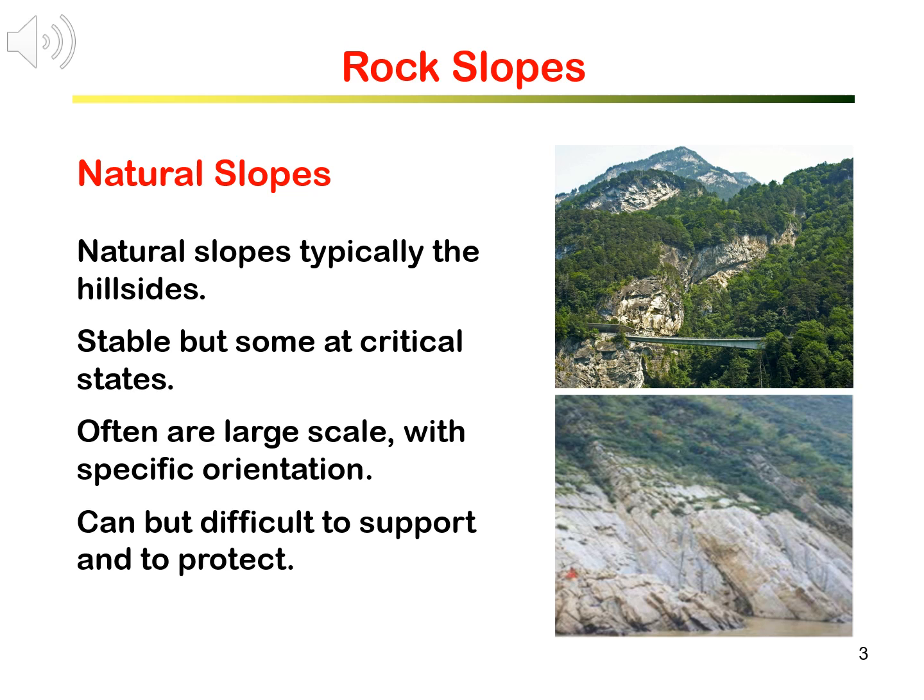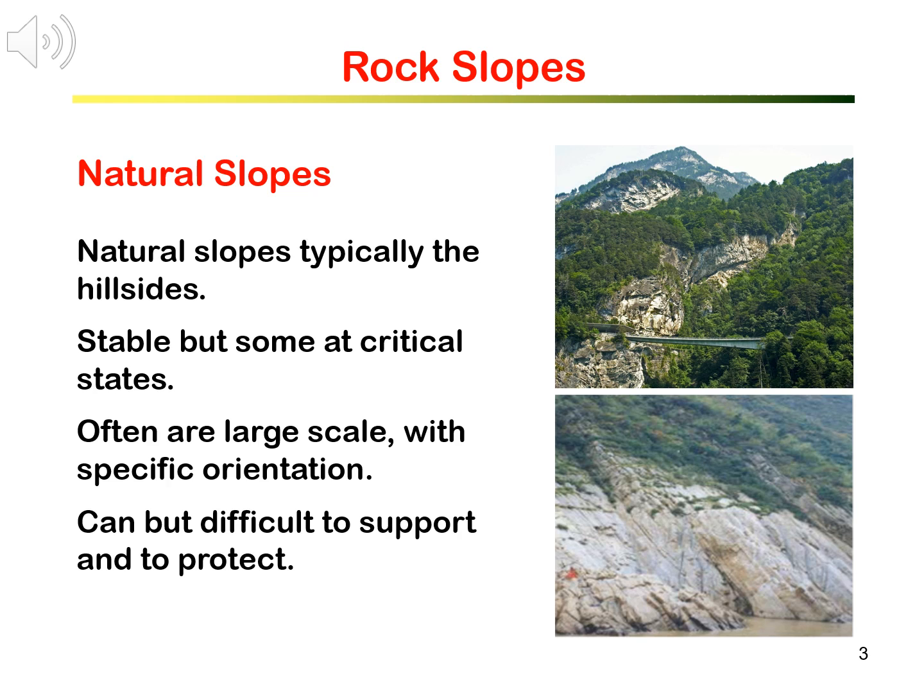Natural slopes are usually of larger scale, for example, as a whole hillside. They, of course, have specific orientations, such as hillsides have different facings.